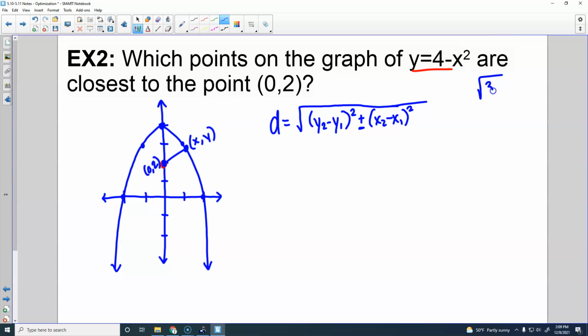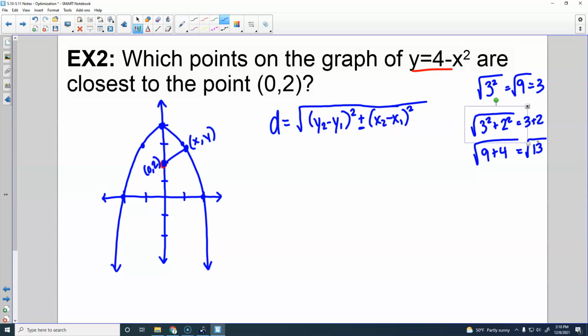Yes, like square root of 3 squared, they cancel. You would get square root of 9, which would just be 3. But if it's square root of 3 squared plus 2 squared, let's do it the other way. Square root of 9 plus 4, which is the square root of 13.